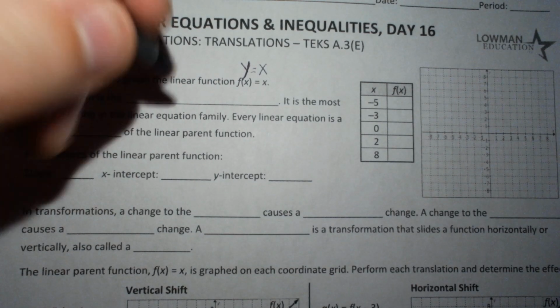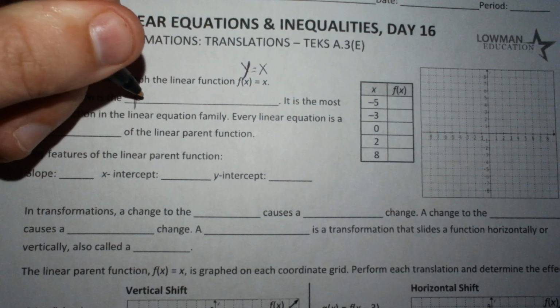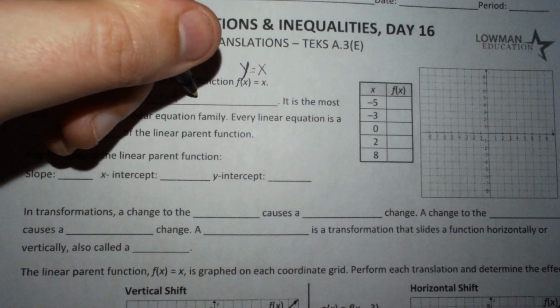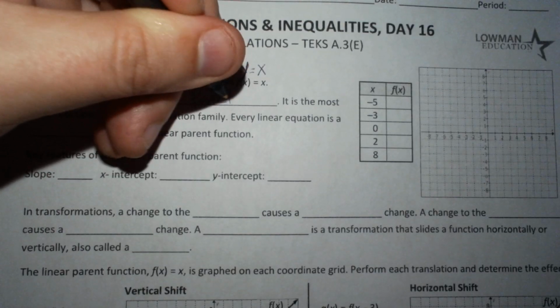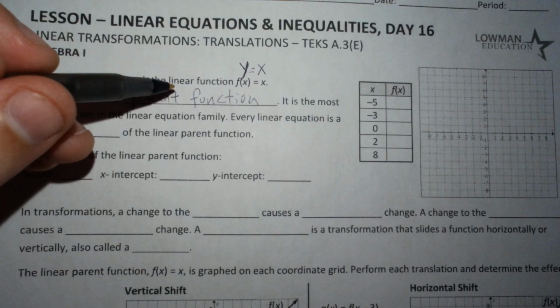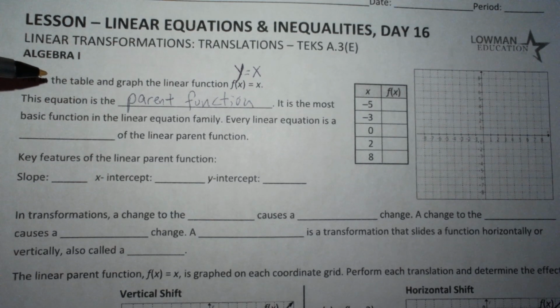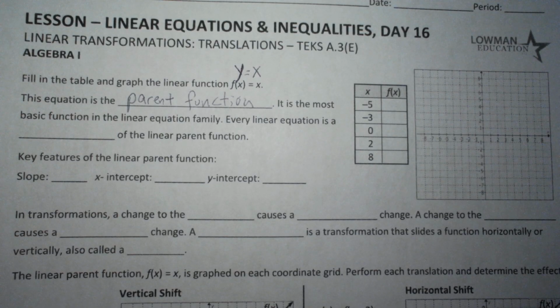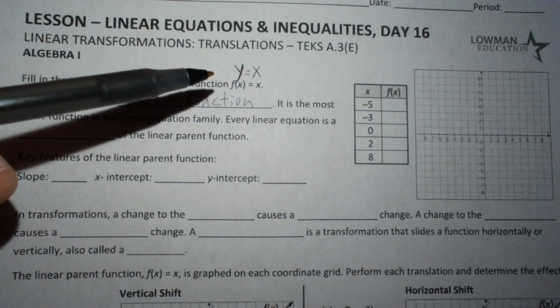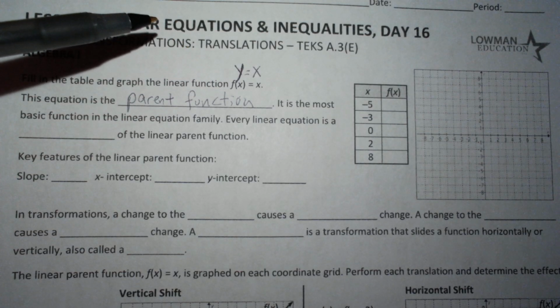This equation is the parent function of a linear function, so the linear parent function, and it's basically the simplest equation you can write, the simplest thing that gives you this type of graph. So this is the most basic equation that will give you a line, just y equals x.